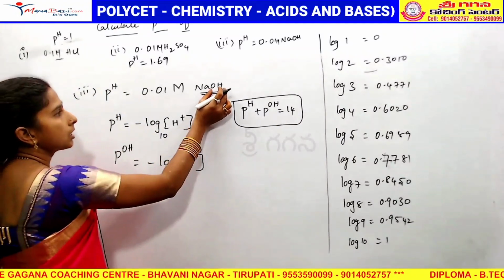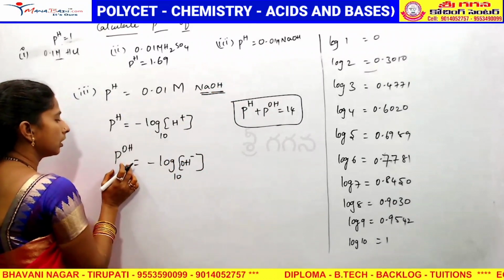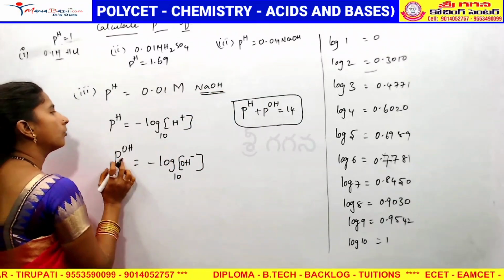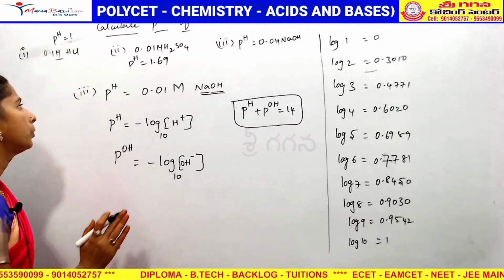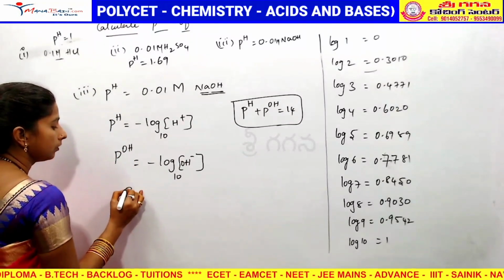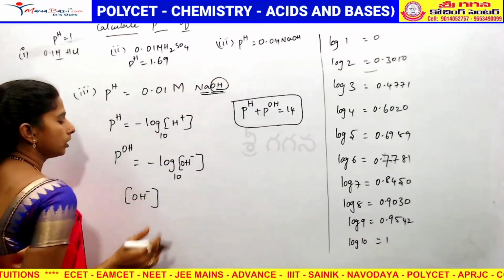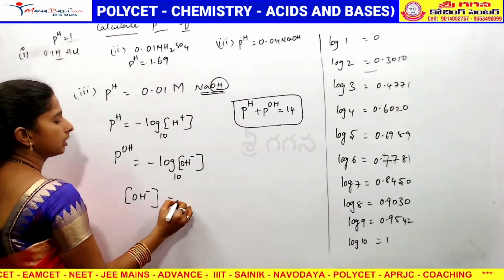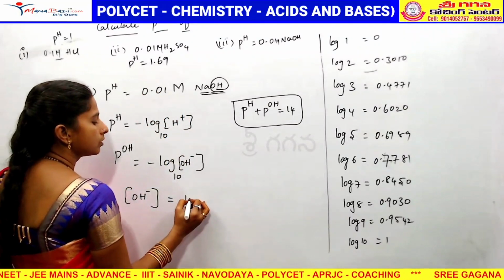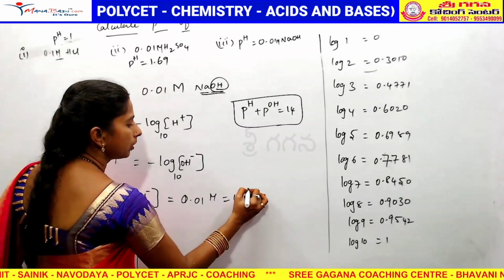Now here the concentration of OH minus ion is given, so you can calculate pOH first, and after that find the pH. The OH minus ion concentration is given, and here only one OH is there. So OH minus ion concentration is 0.01 molar, which means 10 power minus 2.